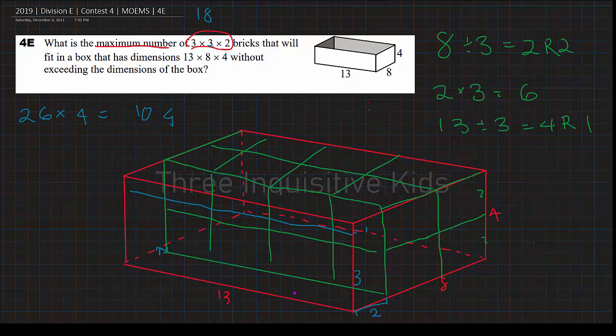And how much is the width? Well, this is the other 3 right here, so we can actually put 4 over here with a remainder of 1: 1, 2, 3, 4.